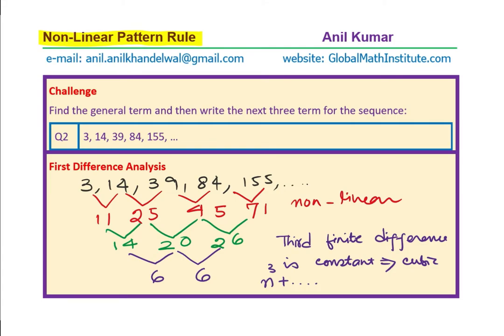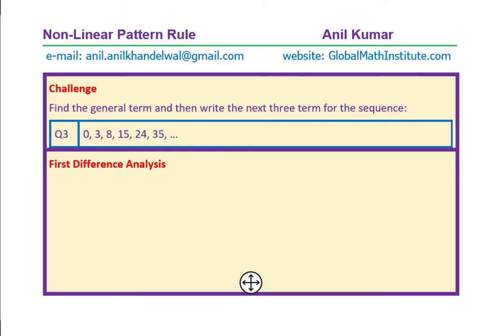Let's also look into the third question, which is 0, 3, 8, 15, 24, 35, and see what type of sequence this is.